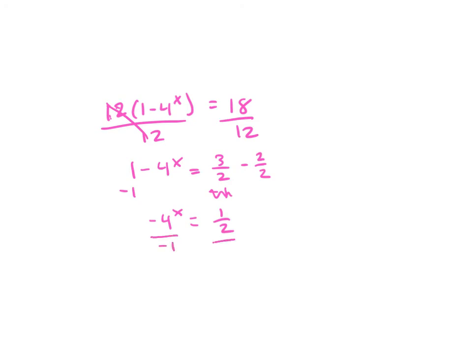So we want to get that negative to the other side, so we divide both sides by negative 1, so we have 4x is equal to negative 1/2. Now what can we do? Add log base 4 on both sides. So log base 4 and 4 cancel out, so we have x is equal to log base 4 of negative 1/2.